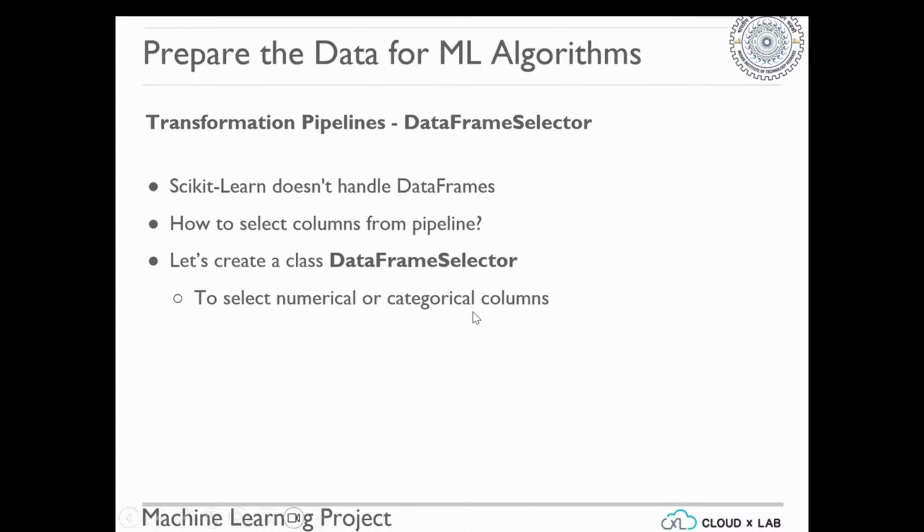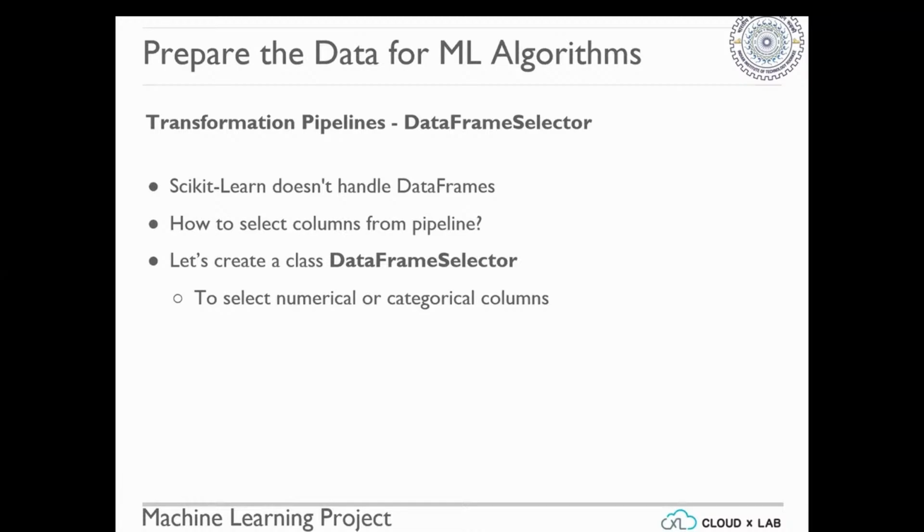So actually, we can skip this slide because now scikit-learn doesn't have this problem. But in earlier versions of scikit-learn, we could not use a pandas data frame as input, so we needed to first convert the data frame to a NumPy array, and then scikit-learn could understand it.